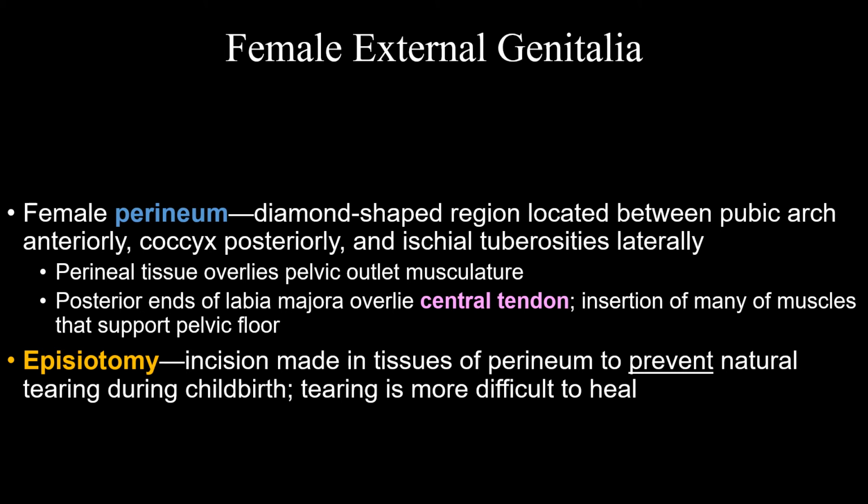There are several degrees of these tears, and none of them are particularly pleasant. The episiotomy simply makes the repair easier. It's essentially a tear regardless, but the clinical use of the scalpel makes this repair much easier.